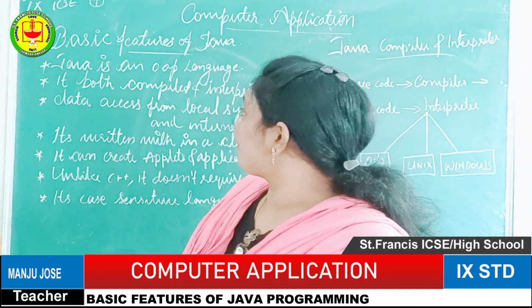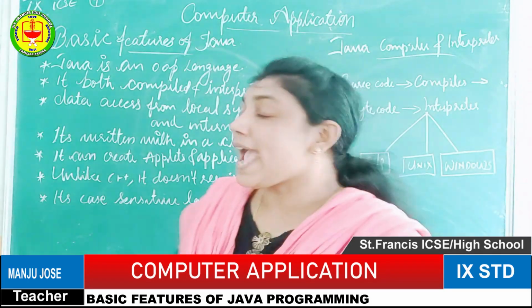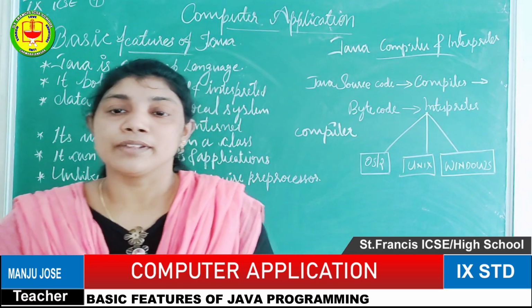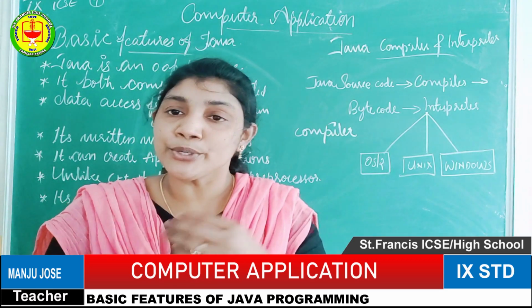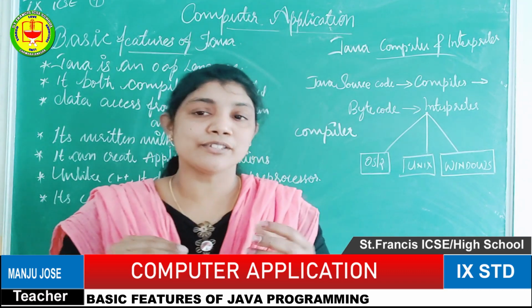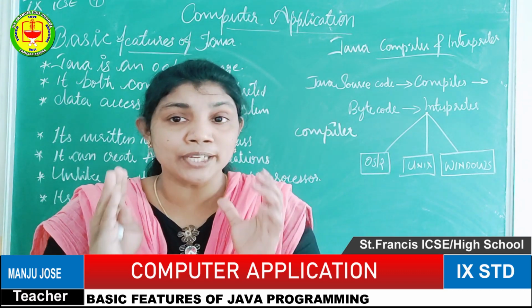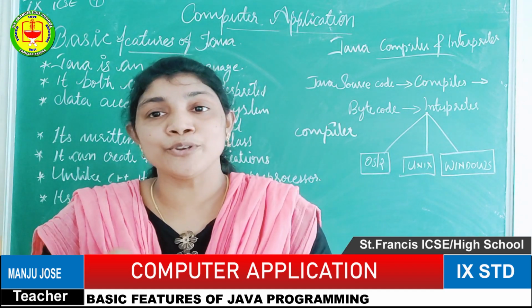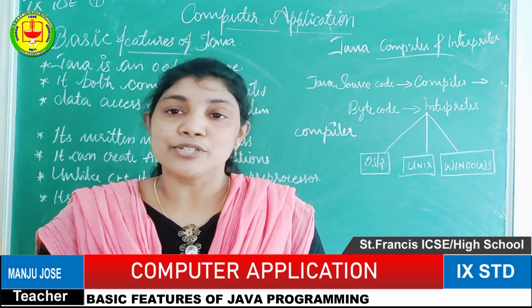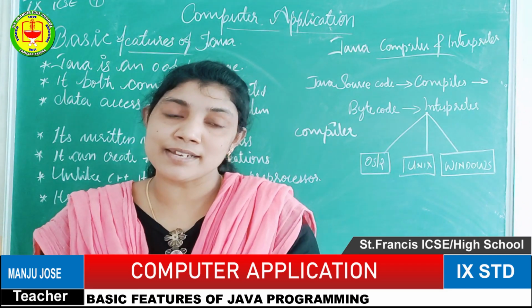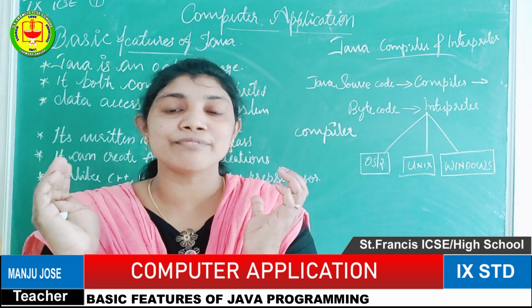The next point is data access from local systems and the internet. While doing programming, sometimes we need data. We already know Java programming is used for both web designing and application development. While designing a web page or an application, we need different kinds of information.